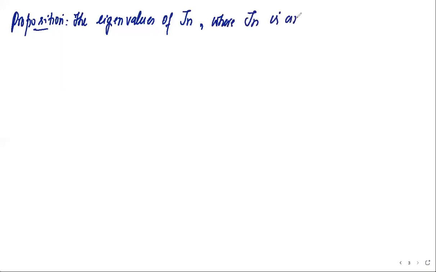And in this proposition, the eigenvalues of Jn, where Jn is an n cross n matrix whose all entries are equal to 1.